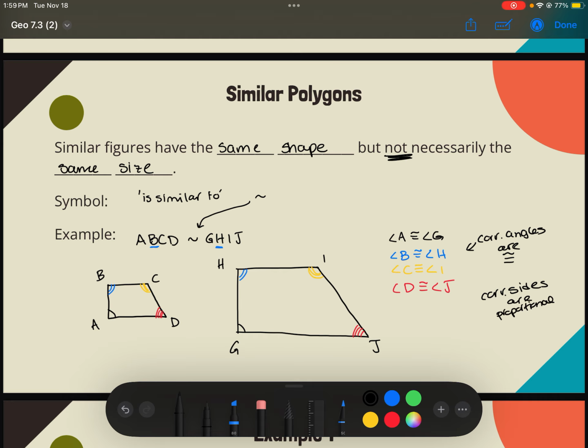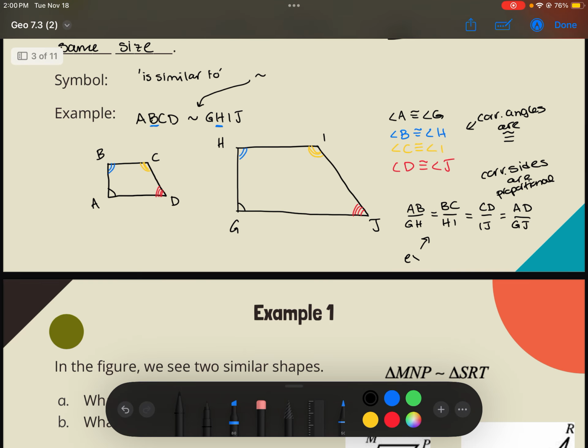What I mean by that is the ratio of side AB to side GH is going to equal the ratio of side BC to HI, which is going to equal the ratio of CD to IJ, which will equal the ratio of side AD to GJ. And this is called an extended ratio or extended proportion.